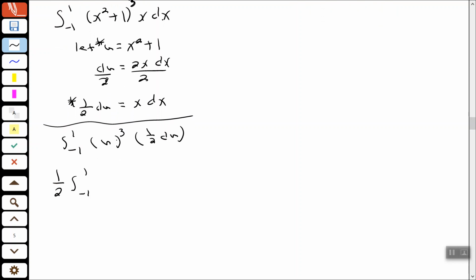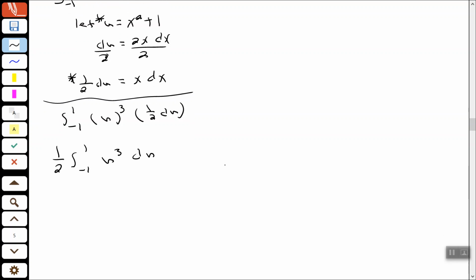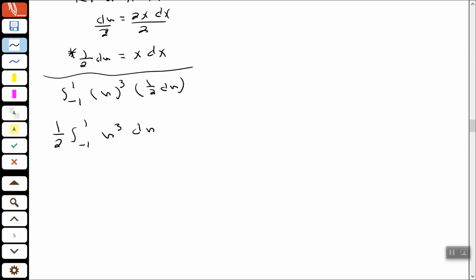And integrate. Let's go step by step. Now integrate using the power rule. We want to add 1, which will give us 4, and divide by 4, which is the same thing as multiplying by 1/4.